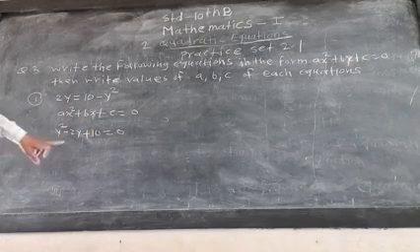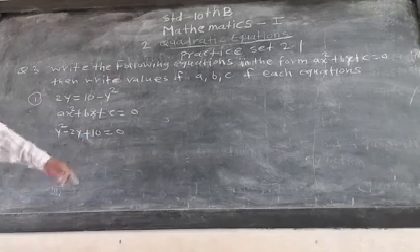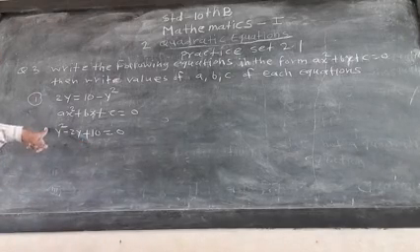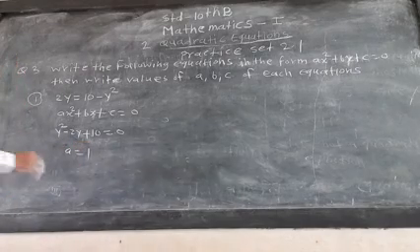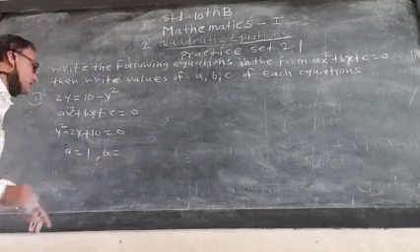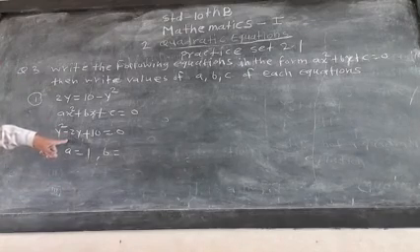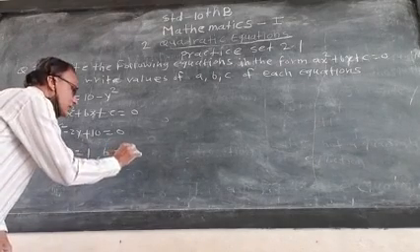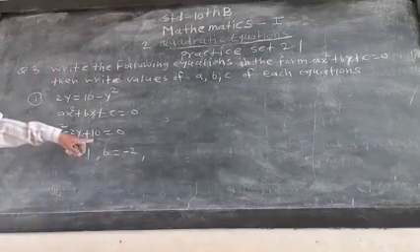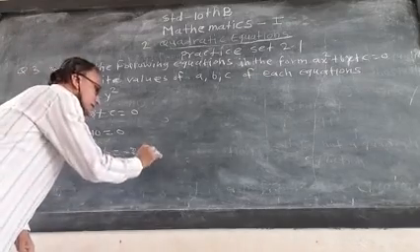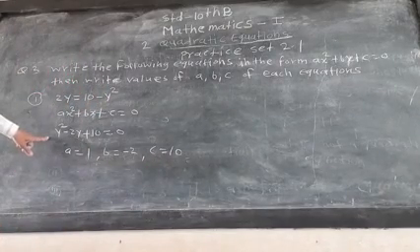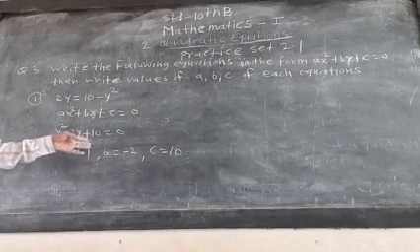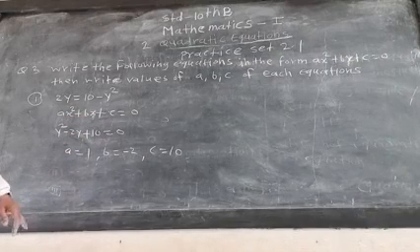Now we write the values of a, b and c. a means the coefficient of y square, a equals 1. b means the coefficient of y, minus 2. c means the constant number, equal to 10. This is the equation in the form ax square plus bx plus c equals 0.